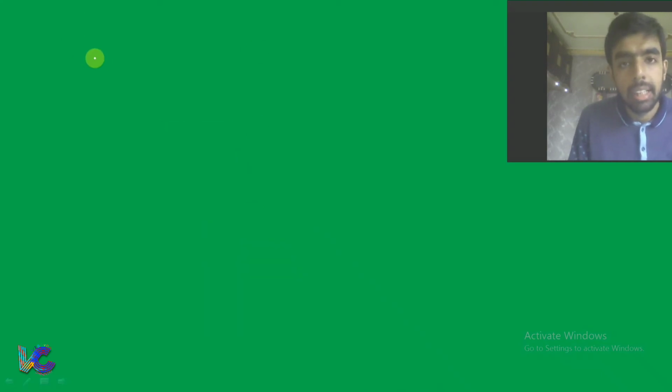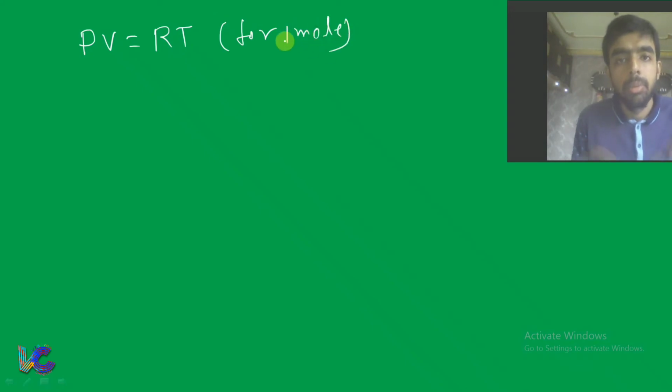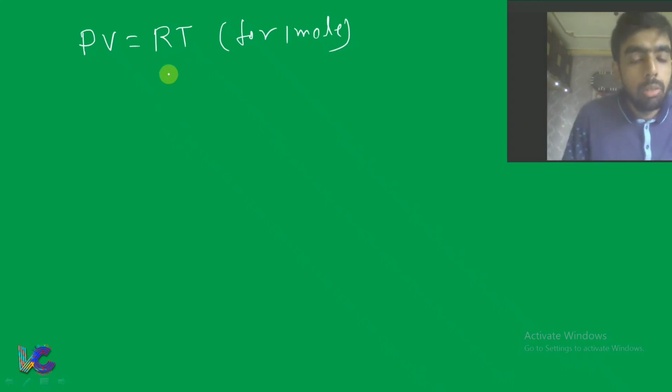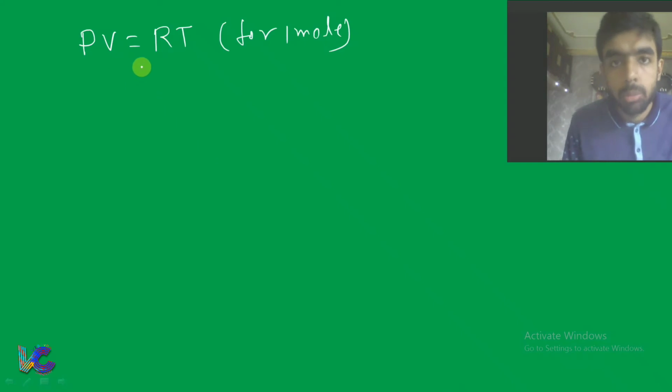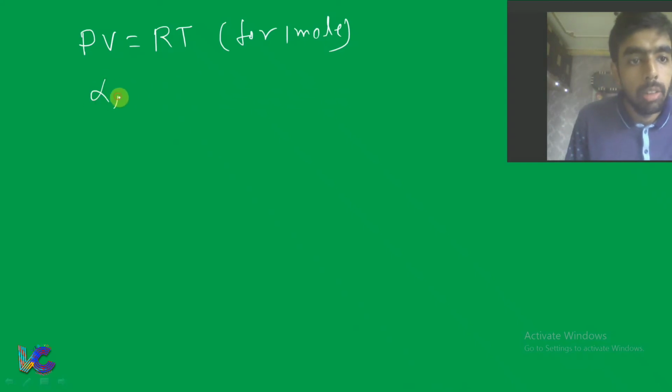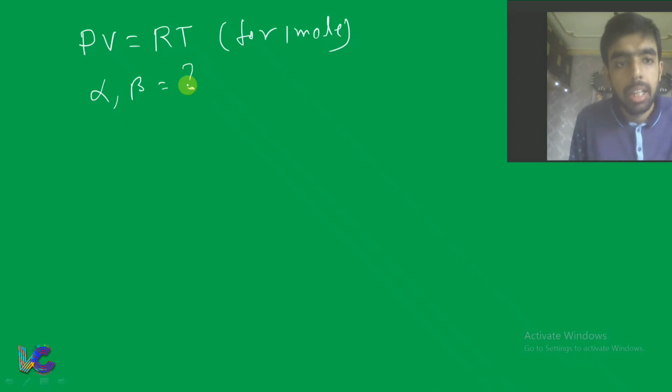For 1 mole of ideal gas the equation is PV equal to RT. This you know. Now for the ideal gas equation PV equal to RT for 1 mole, we want to calculate the value of alpha and beta. What is the value of alpha and what is the value of beta for an ideal gas?